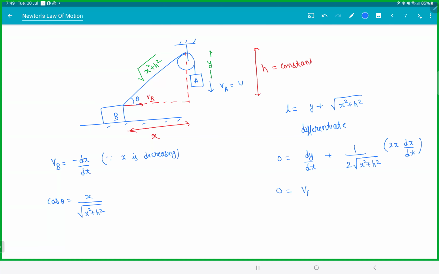This becomes velocity of A, plus x by root x square plus h square, which is cos theta, and dx by dt is minus vb. So from here we get vb is equal to va by cos theta, which is u by cos theta. That's your answer.